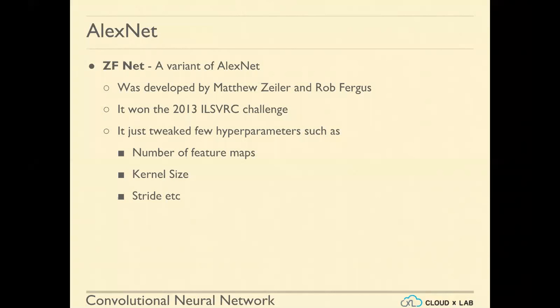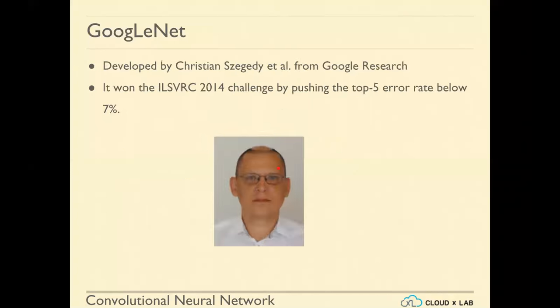The only difference was that it used different numbers of feature maps, and different kernel size and stride. So essentially, ZFNet was nothing but AlexNet with different hyperparameters. Okay, so ZFNet won the 2013 ImageNet Challenge.